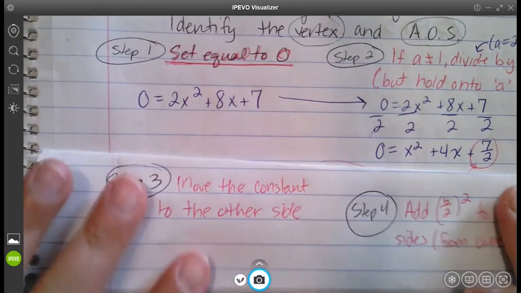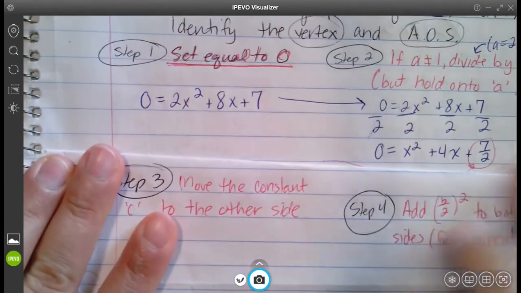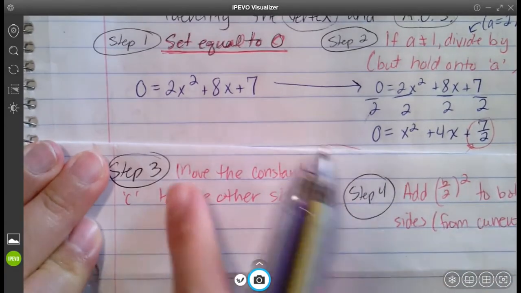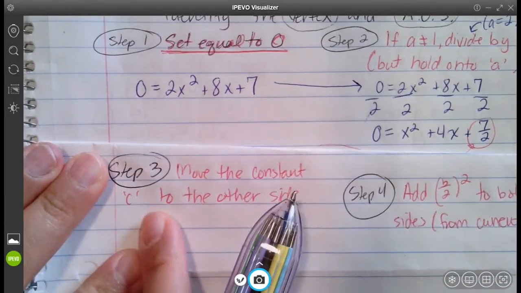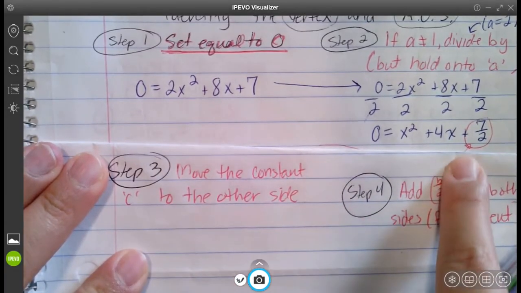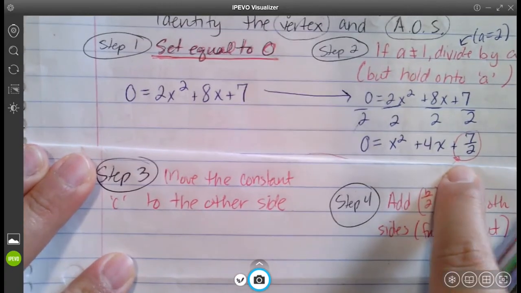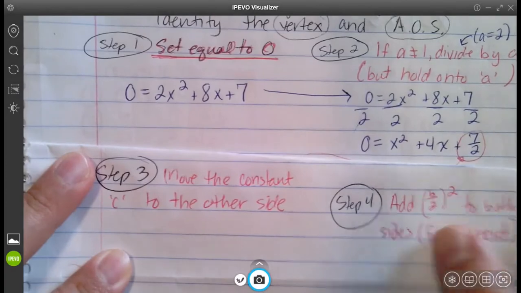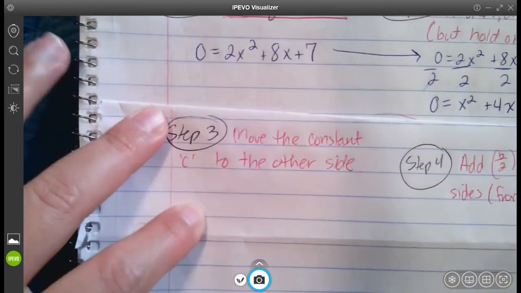Okay, so moving on to step number 3. Sorry about the paper. I had to erase some things here. For step number 3, we're going to move the constant c to the other side. You can see here I already circled it. This is our constant, this 7 over 2 that we found in step 2. So I'm going to subtract 7 over 2 from both sides.